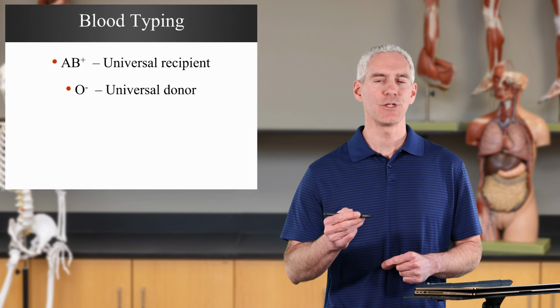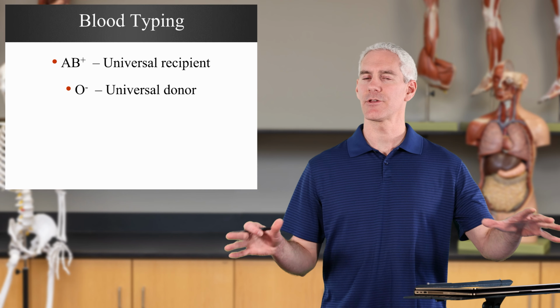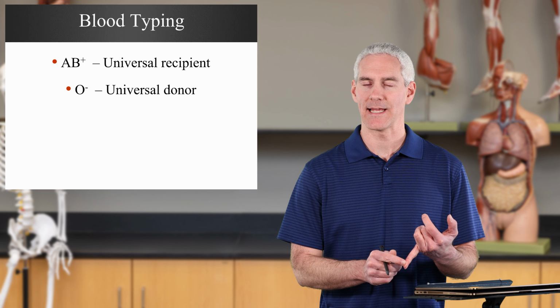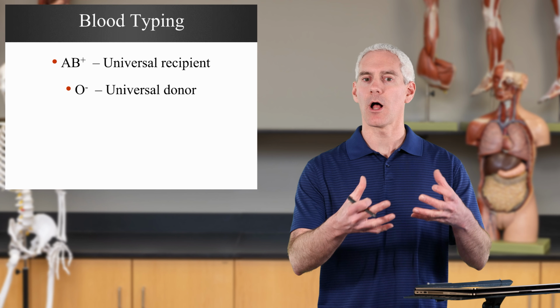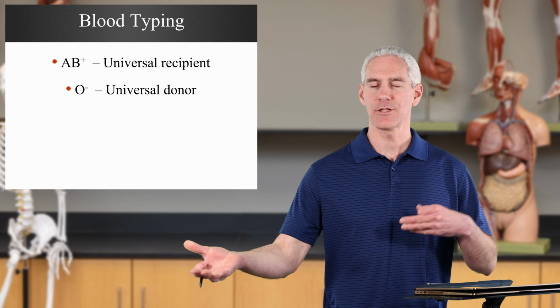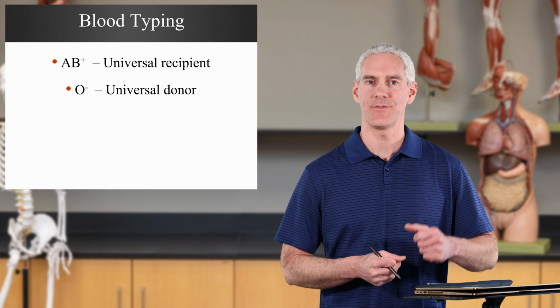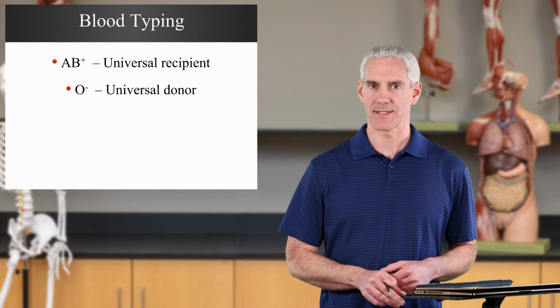AB positive is the universal recipient. It can accept any other blood type because that blood already has the A antigen, B antigen, and D antigen. They're all present, which means any other blood won't react because there's no antibodies to any of the antigens. So you're looking at blood type in that case.